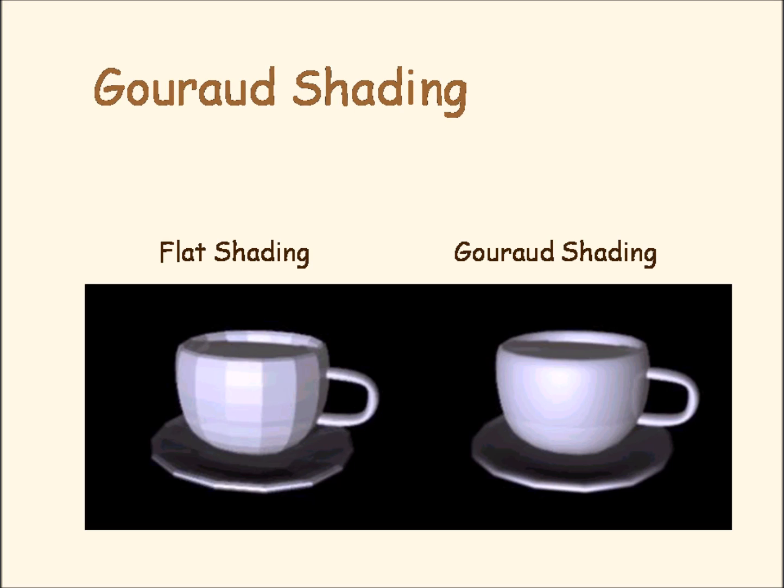At the left side of the figure, flat shading is represented on the object. You can observe that the shading is not smooth on the polygons. This is because of discontinuities of normal vectors on different surfaces. Whereas on the right side of the figure, you are viewing Gouraud shading.